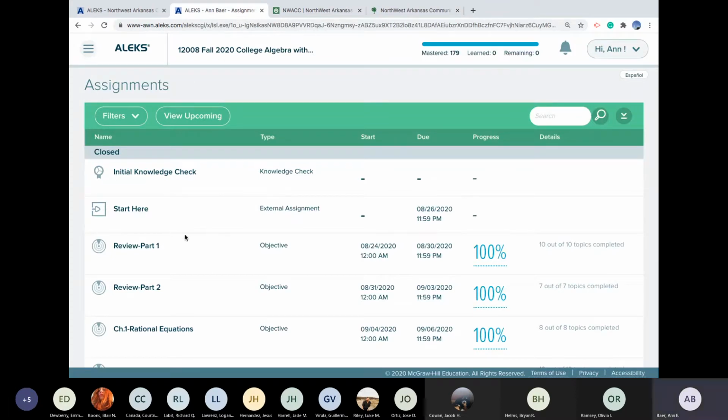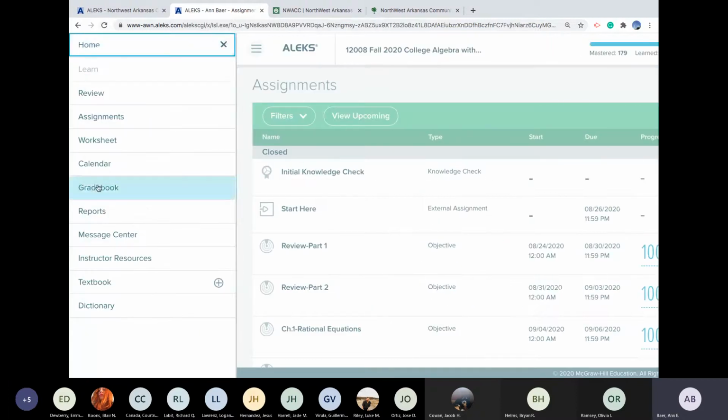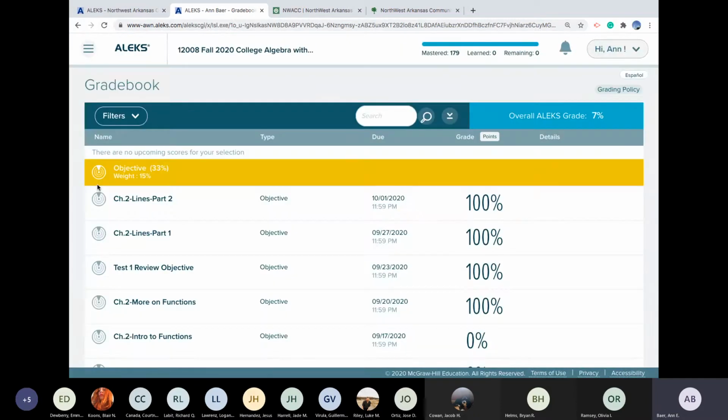Okay, remember, this is where you go to review your test scores, but I wouldn't trust assignments for your exact grade on any assignment, including the test. You want to go to the gradebook for that, right here. This gradebook matches my gradebook. And if you were to talk to me about your grade, I would be looking at this gradebook, well, the version I have in ALEKS, which is the same as what's in this gradebook.